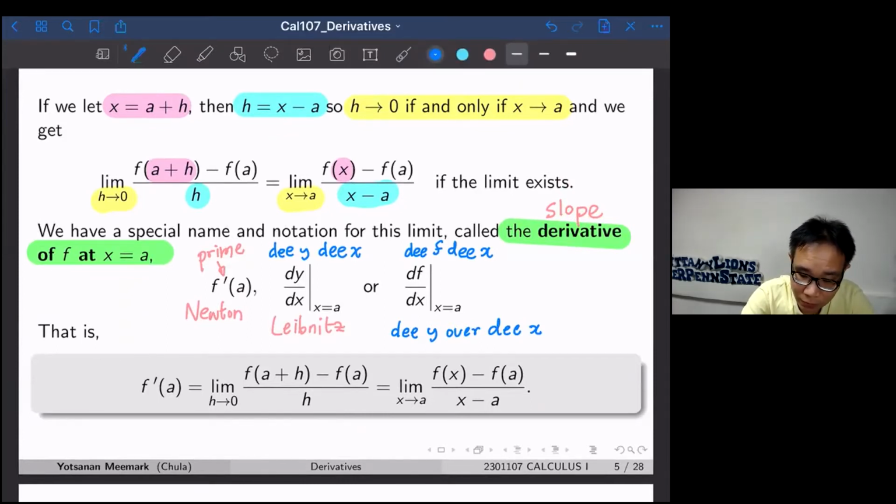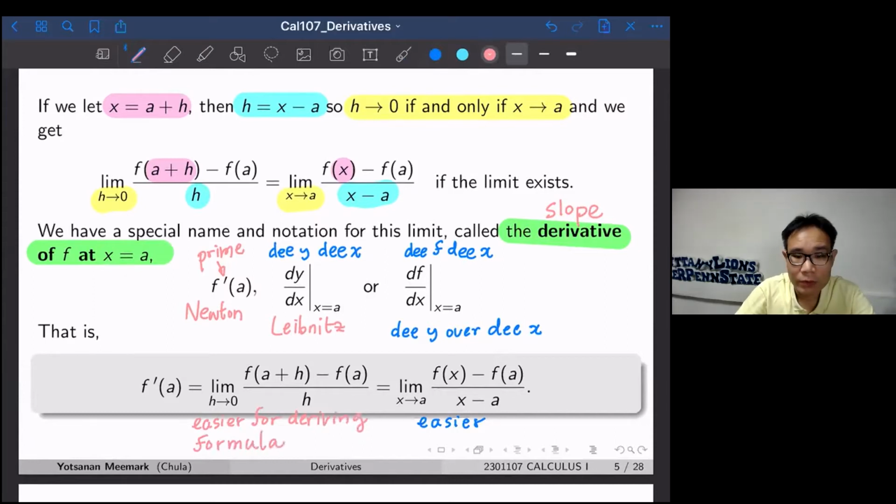I would suggest you memorize this one. This one is easier to use. However, this one will be easier for deriving the formula.